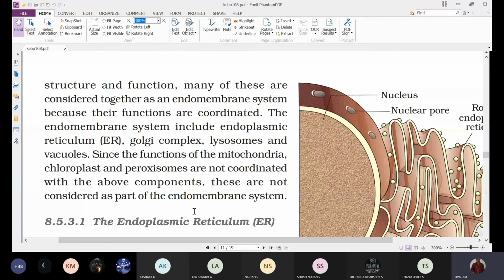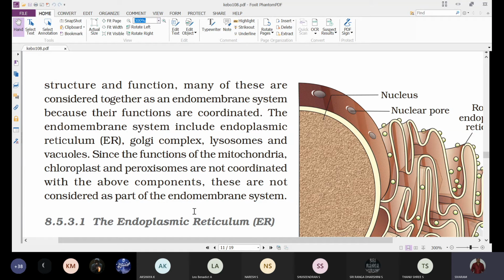Those membrane bound structures, even though they show different structure and function, if their functions are coordinated, all these membrane structures together we call the endomembrane system.